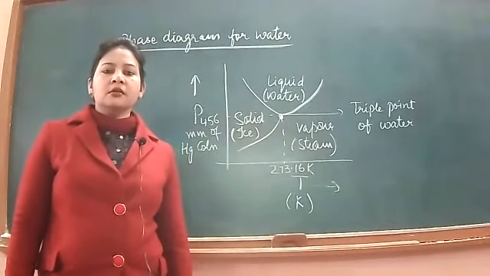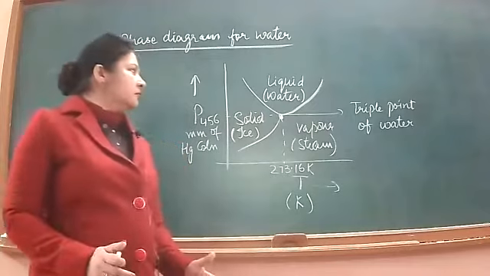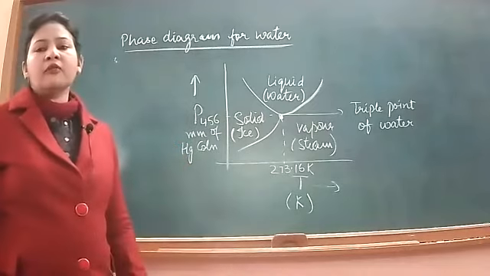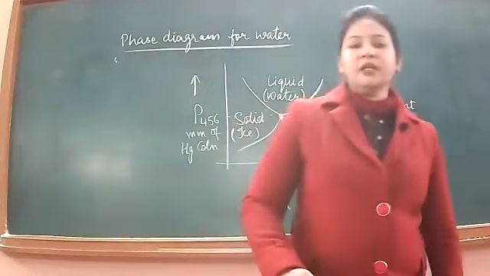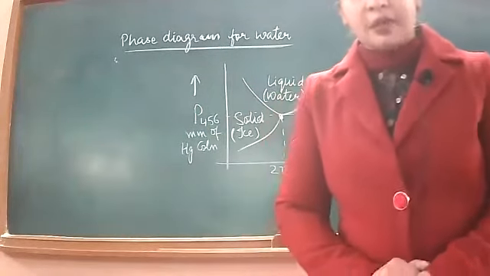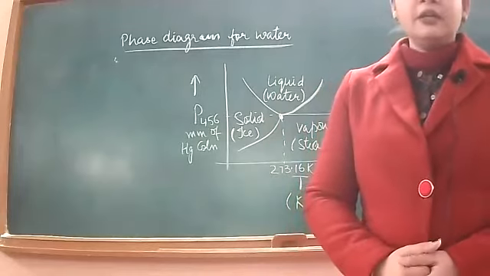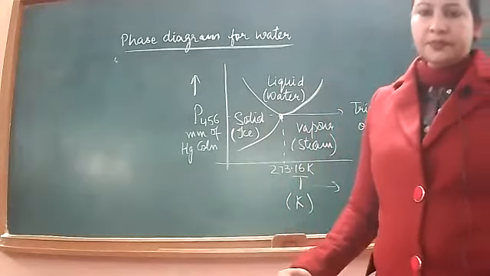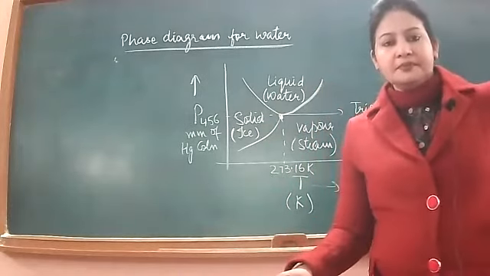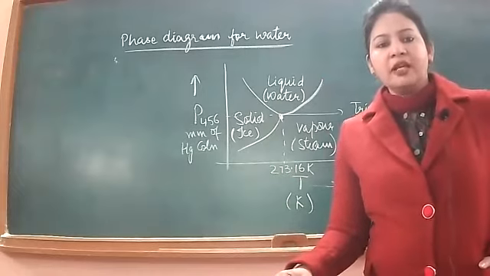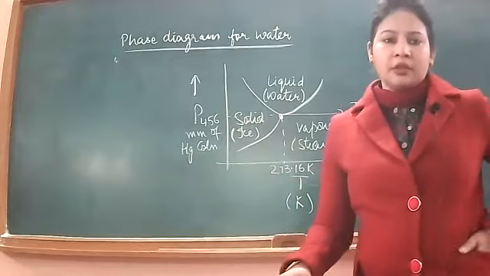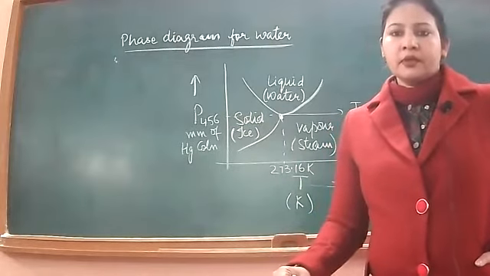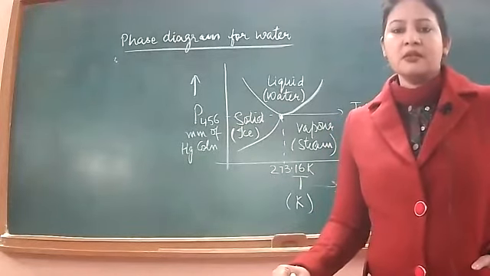Got it? And we already mentioned the triple point of water when we defined 1 Kelvin. Does anyone remember the definition of 1 Kelvin? The statement of 1 Kelvin that we did in unit 1. Tell me. What was the definition of 1 Kelvin? There we mentioned the triple point of water. No one remembers?